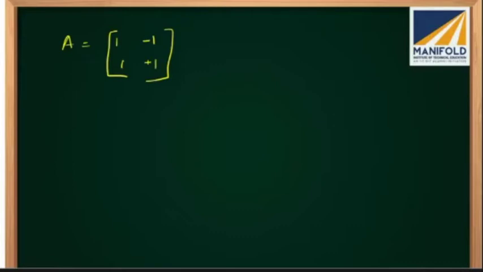If you consider this as a system, we'll plot the column space of that particular matrix. Let us see how it will be. 1, 1 is the first vector. The first column is 1, 1.